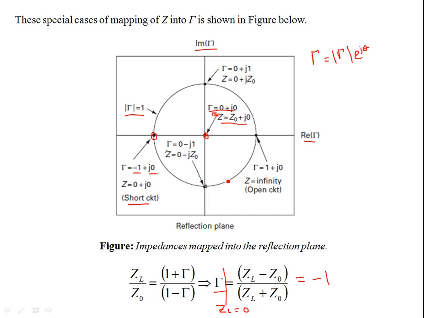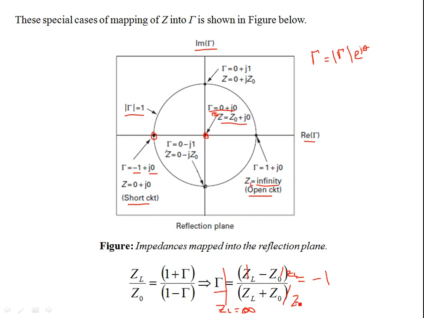Minus 1 basically means that your reflected wave is minus Vf. So all the incident power is reflected back due to the severe impedance mismatch. And similarly for open circuit conditions, if ZL is infinity, then that's the open circuit. You divide the numerator and denominator by ZL, so this is 1 divided by ZL, and this also divides by ZL.